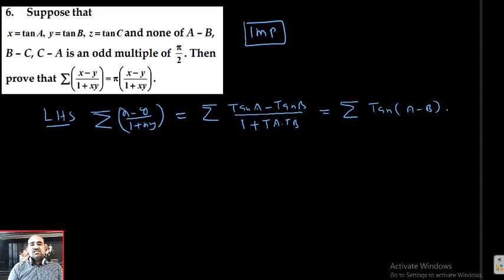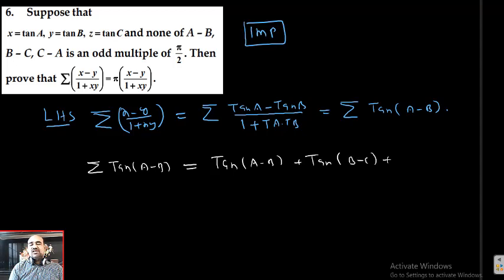Now I want to open sigma: tan of (A minus B) plus tan of (B minus C) plus tan of (C minus A). This is taken as result number 1. So sigma of (x minus y) by (1 plus xy) you got as tan of (A minus B) plus tan of (B minus C) plus tan of (C minus A).